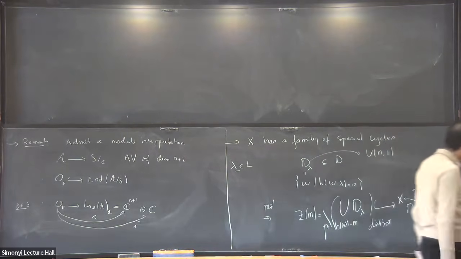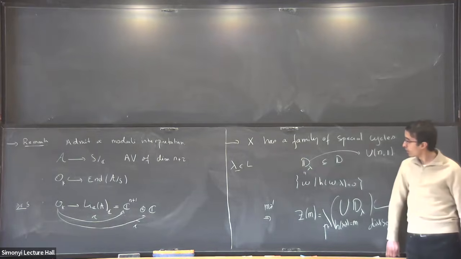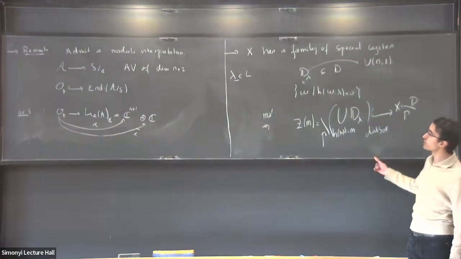Now you can intersect many of these to get higher codimension cycles.